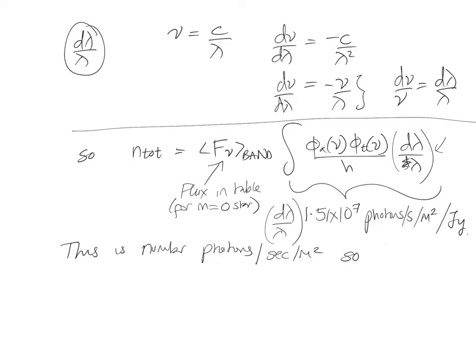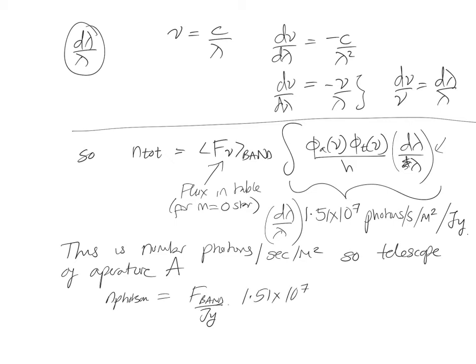So if you've got a telescope with an aperture that's not a meter squared, so a telescope of aperture A, the number of photons is going to be the flux in your band in Janskys times 1.51 times 10 to the 7 times d lambda over lambda for your band times the area of your telescope, and that's going to be the number of photons per second.